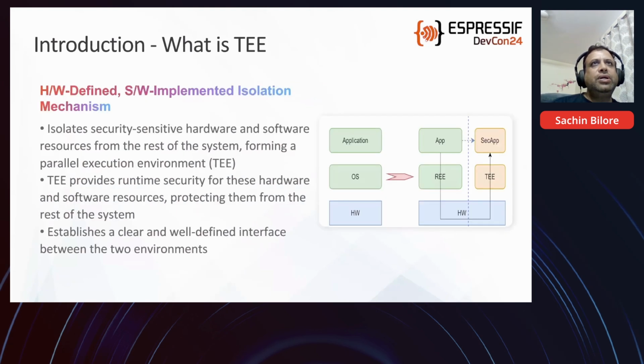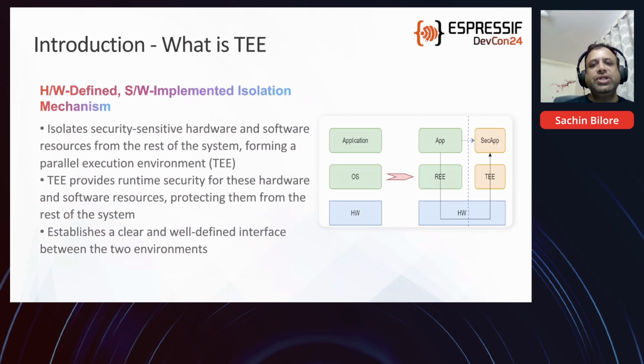So now we understand what security by isolation is and why it is required for an embedded device. So let's formally define the trusted execution environment, which is nothing but an isolation mechanism defined by hardware and implemented by software.